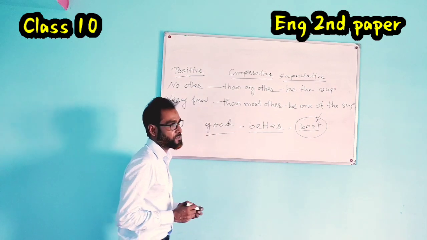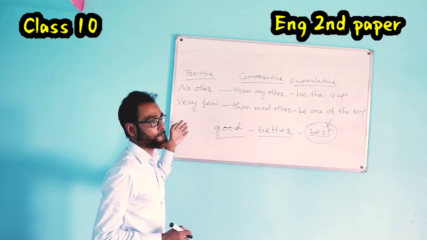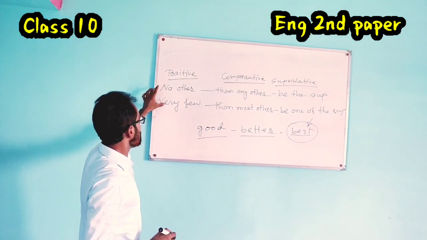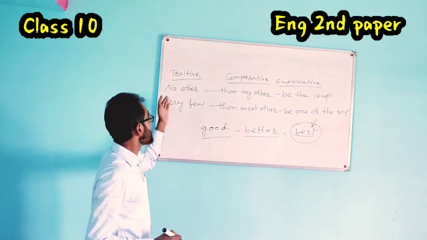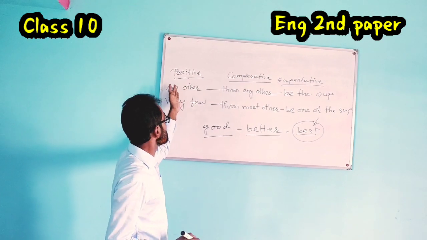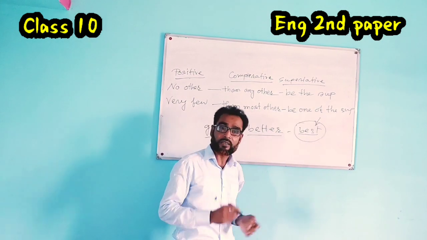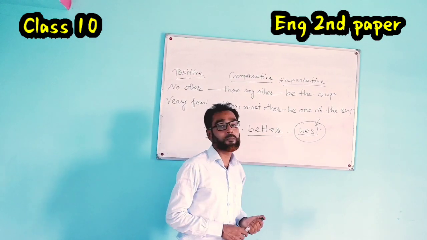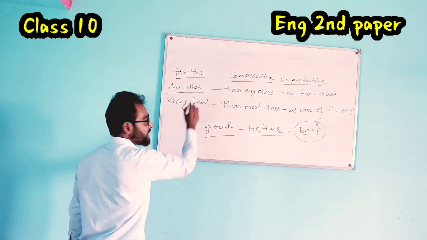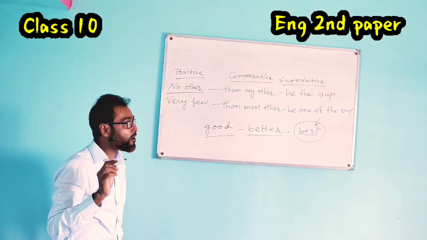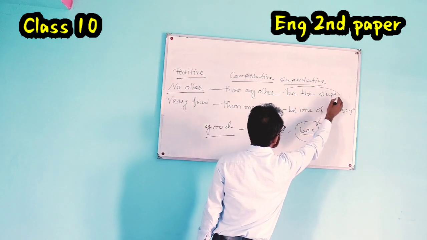Okay, my dear students, in the last session, if we follow the frame, easily we can detect what is a positive sentence, what is a comparative sentence, and what is a superlative sentence. But you have to remember that if you find any sentence with no other, then if you want to transform into superlative, you have to use be the sup.